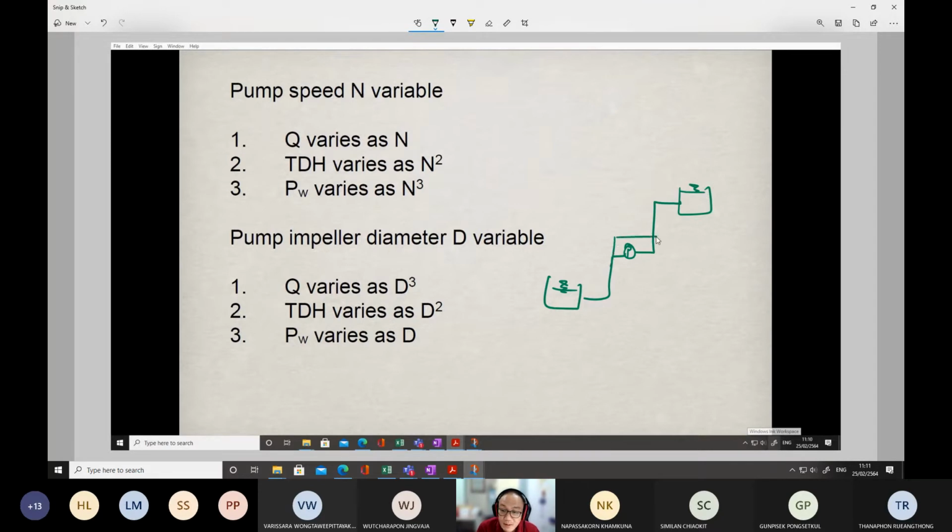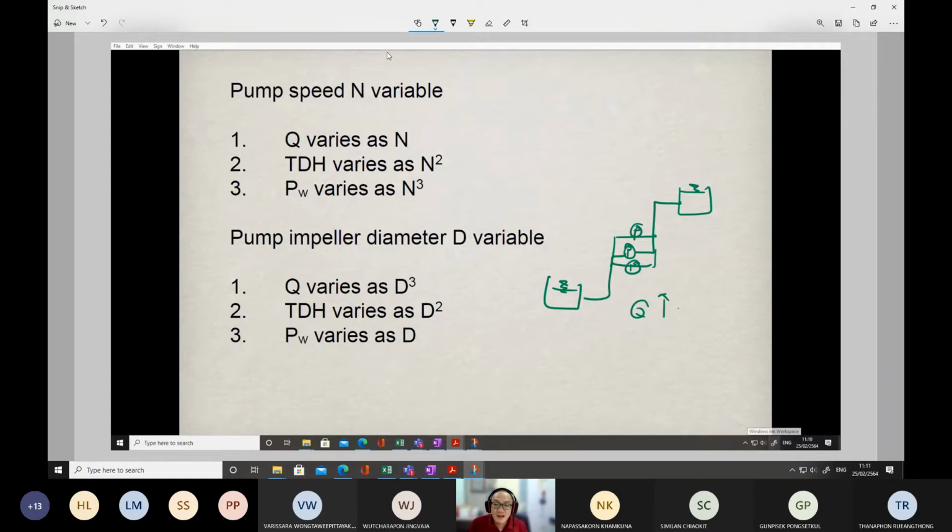If we have pump number 2 and pump number 3 connected like this, we normally call this three pumps in parallel. The beneficial use for connecting three pumps in parallel is that you can get higher flow rates, but the head loss will be the same.